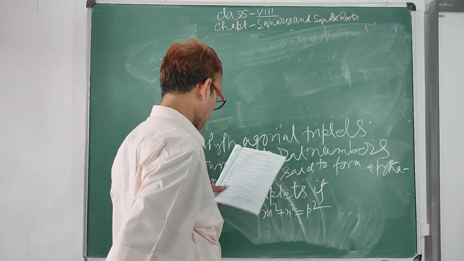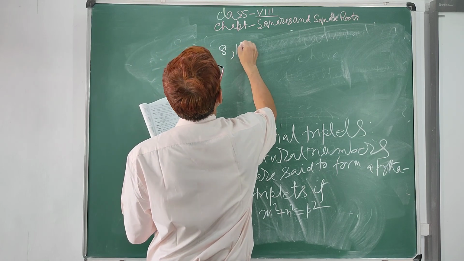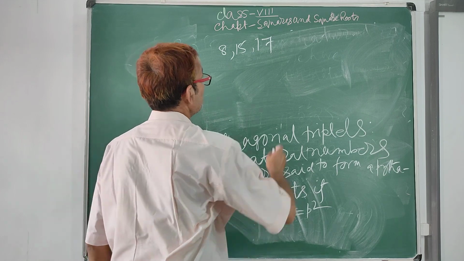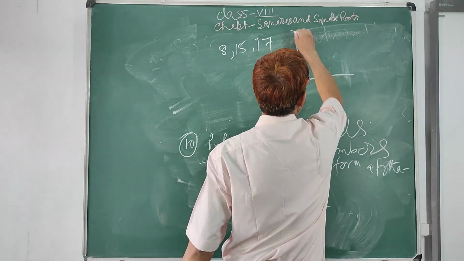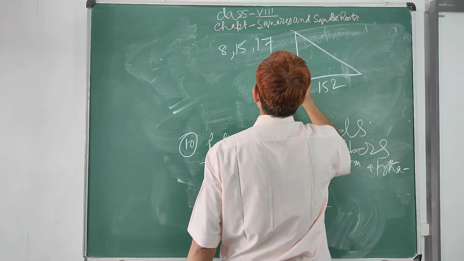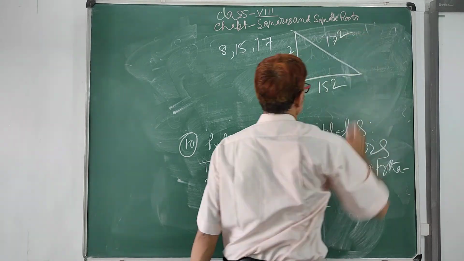For example, 8, 15, 17. Pythagorean triplets: 8 square plus 15 square is equal to 17 square.